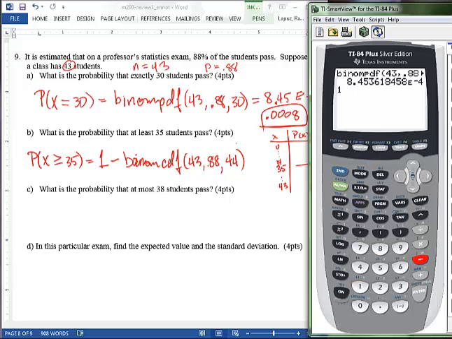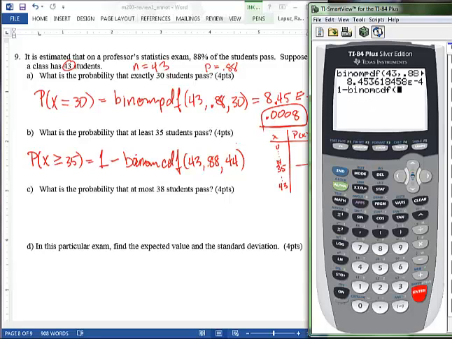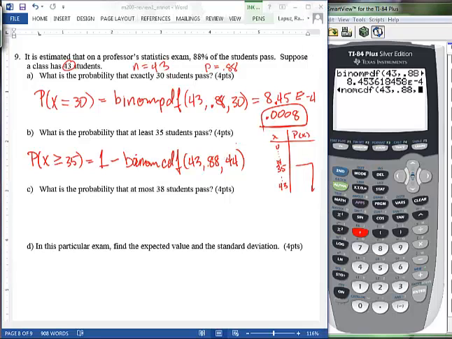We have a 1 minus, and then second function distribution, and this time look for binom CDF. This is the CDF function, 43, comma 0.88. Oops, there should be a comma there. Let's go back and second function, insert, comma, and then right arrow, comma, and we're looking for 34.